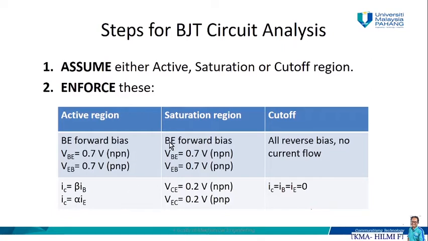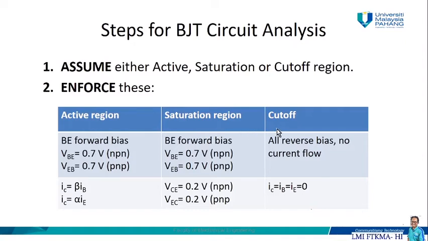If the BJT is in saturation region, the BE junction is forward bias, so similarly we are going to use VBE equal to 0.7 volt, VEB equal to 0.7 volt, and VCE will be 0.2 volt, VEC equal to 0.2 volt. So these values are automatically used for a saturation region.